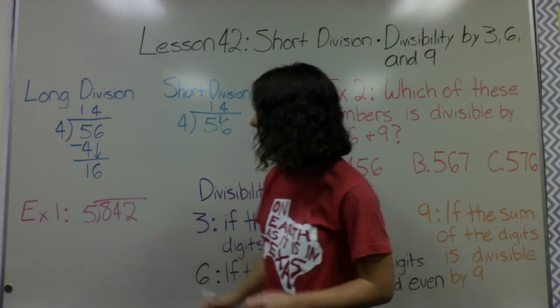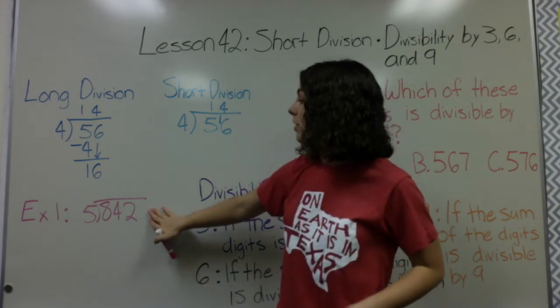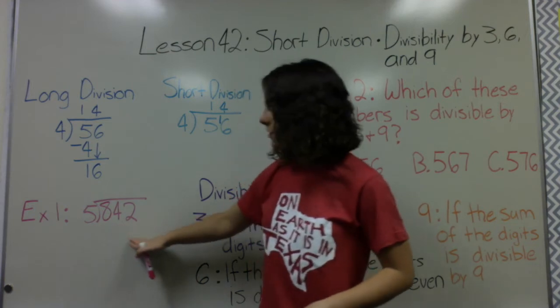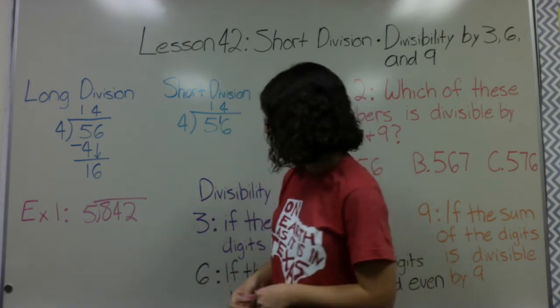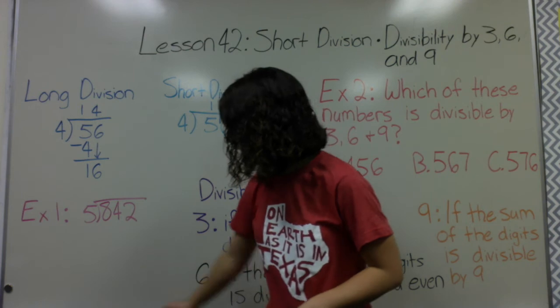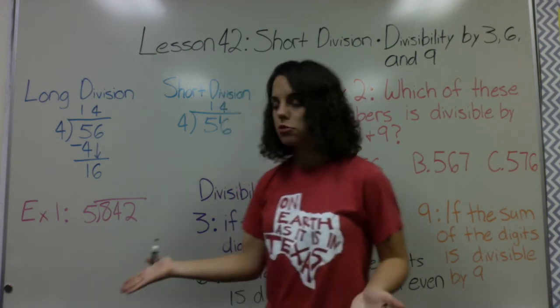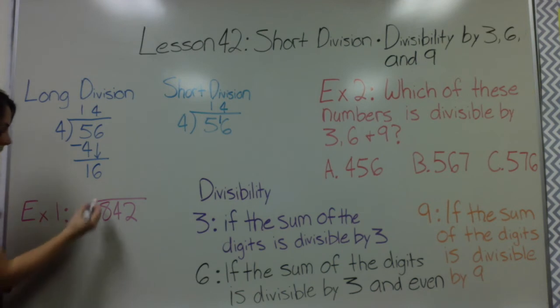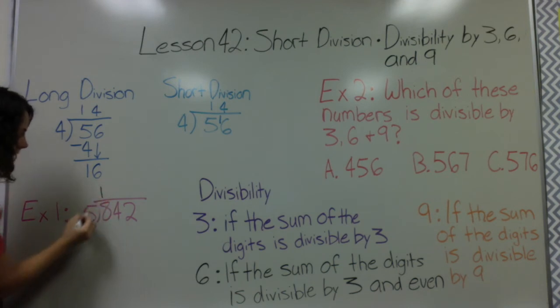So example 1, you may use short division or you may use long division. I will leave it up to you. 842 divided by 5. I'll show you the short division way. 5 goes into 8 one whole time. 5 times 1 is 5, so if I subtract 8 minus 5, I'm left over with 3.